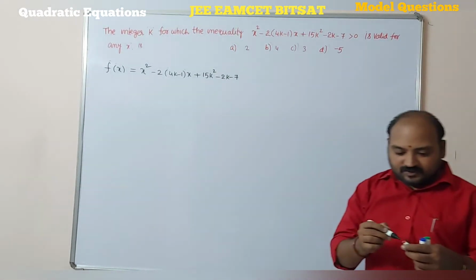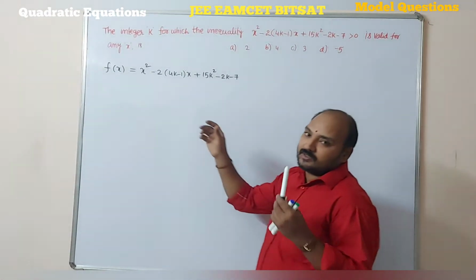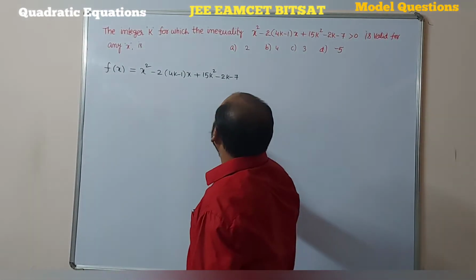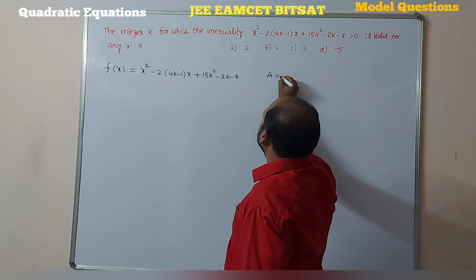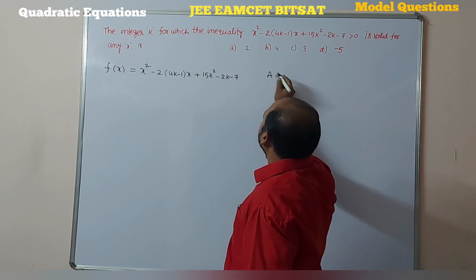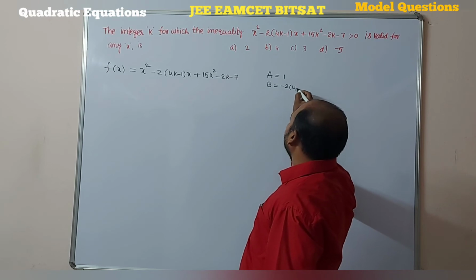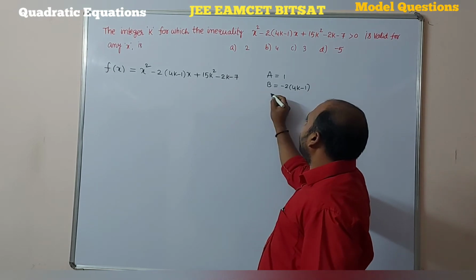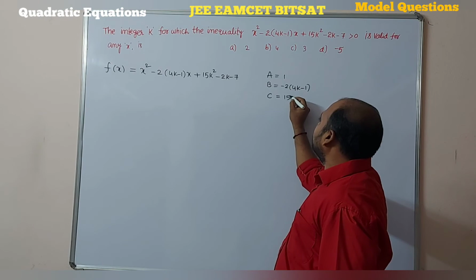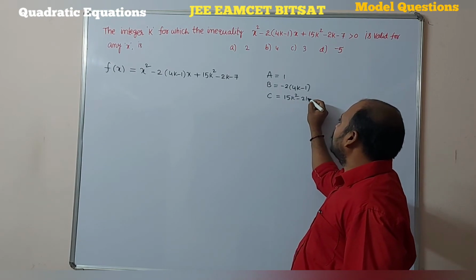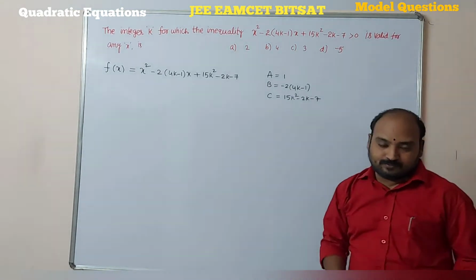That is f of x. Compare with ax square plus bx plus c. Here capital A is equal to 1, capital B equal to minus 2 into (4k minus 1) and C equal to 15k square minus 2k minus 7.